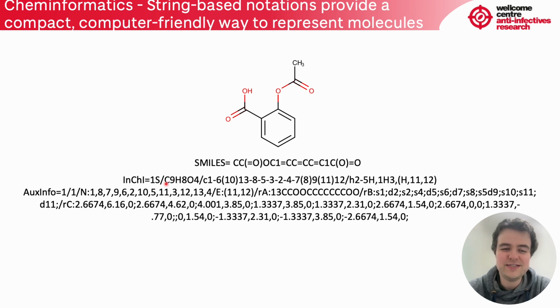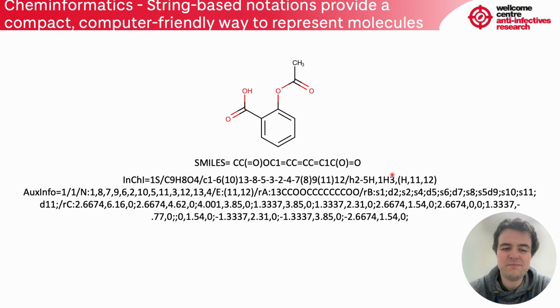So InChI is a layered representation, and InChI stands for International Chemical Identifier, and it effectively is a set of layers of different chemical information which encompasses all the information that this chemical graph contains. And so you capture information about the stereochemistry, the chemical formula, the connectivity of the carbons and the hydrogens, and where they are positioned on the molecule.